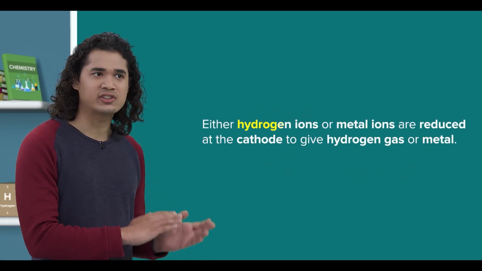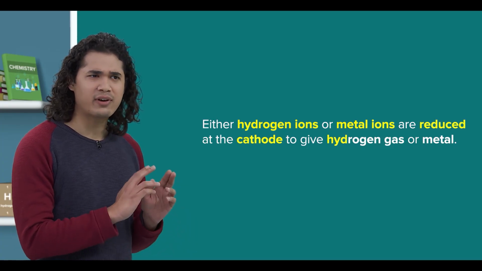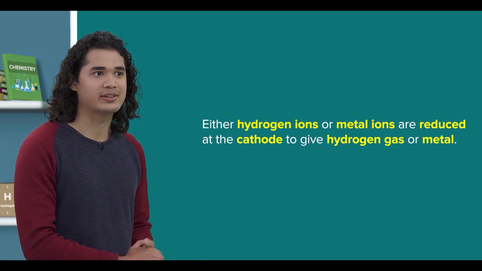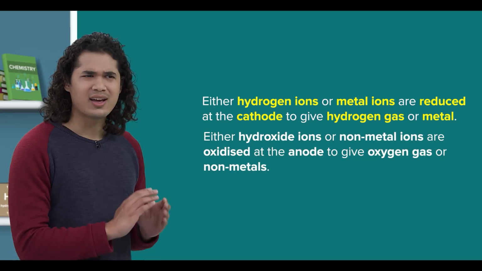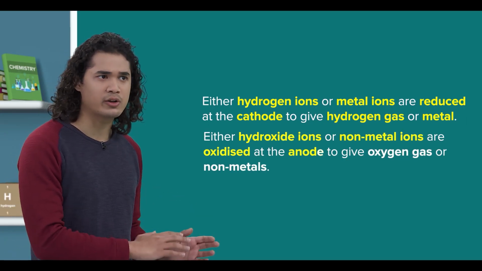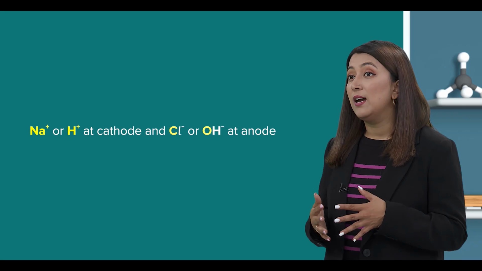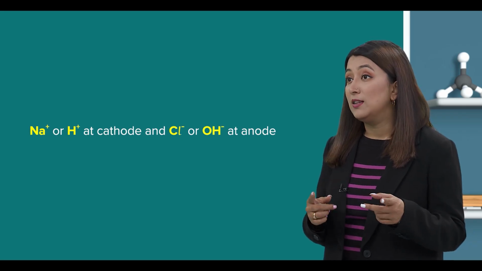So either hydrogen ions or metal ions are reduced at the cathode to give hydrogen gas and metal respectively, while on the other side, either hydroxide ions or non-metal ions are oxidized at the anode to give oxygen gas or non-metals. Yes. Now, can you predict which cation and anion will be discharged at the two electrodes?